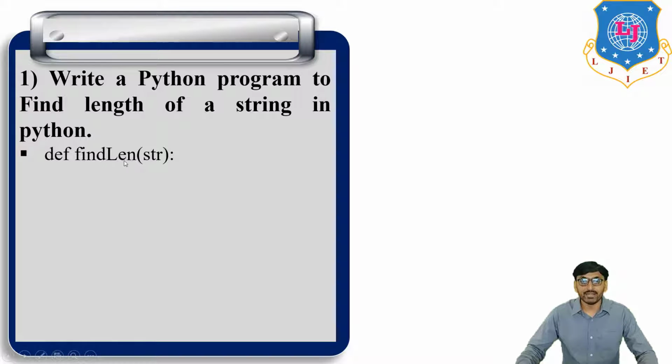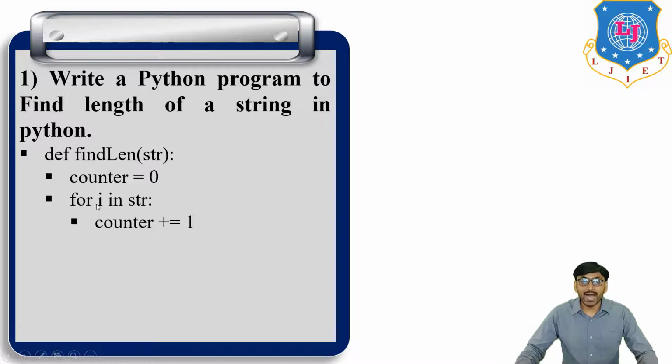Then find_len is the function name, and in the bracket this str is the formal argument. Then inside the function body, first initial value: counter is equal to 0. So counter is equal to 0, that is the initial value of counter.